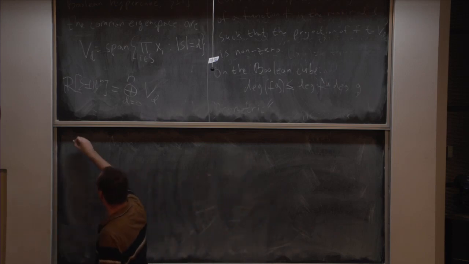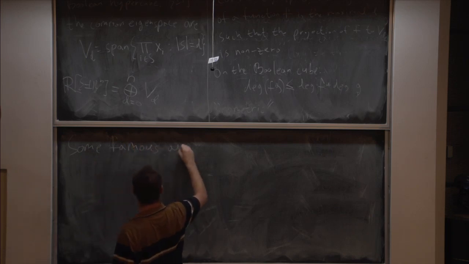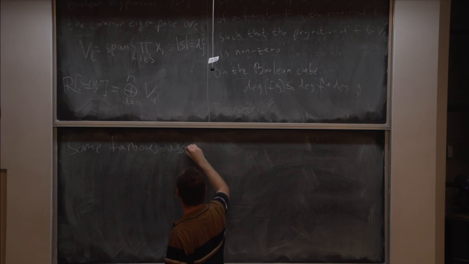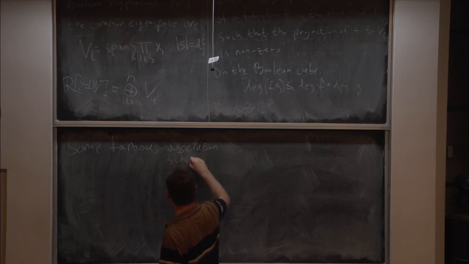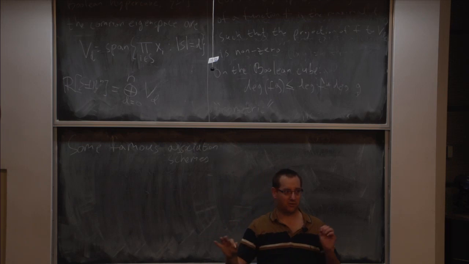Okay, so some famous association schemes. These association schemes are all metric and co-metric, so they have a notion of degree.